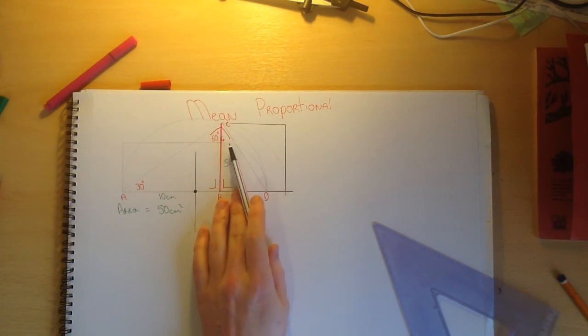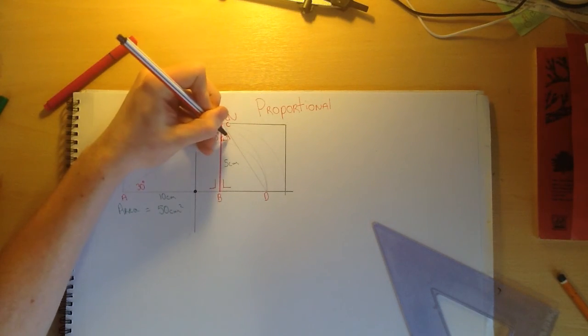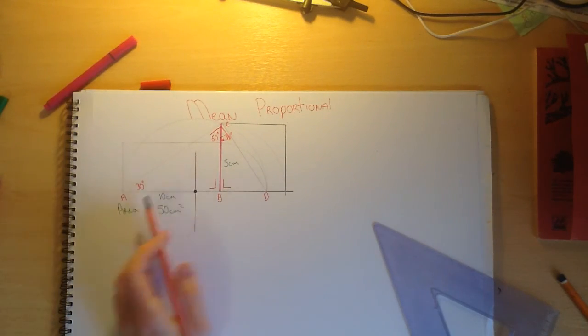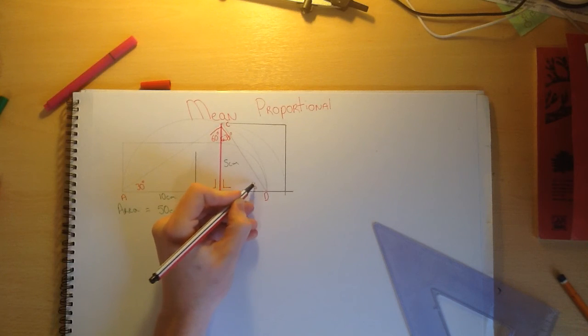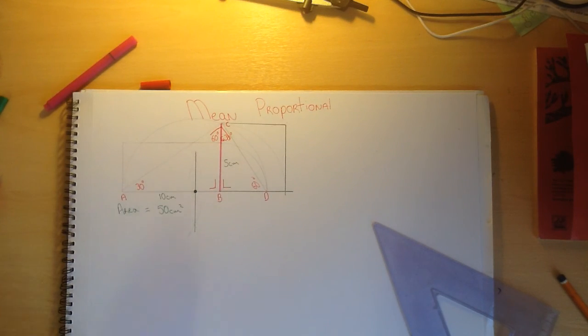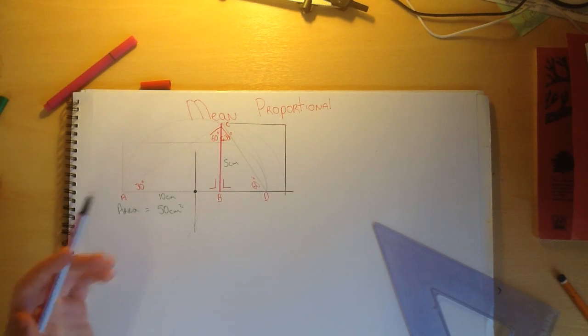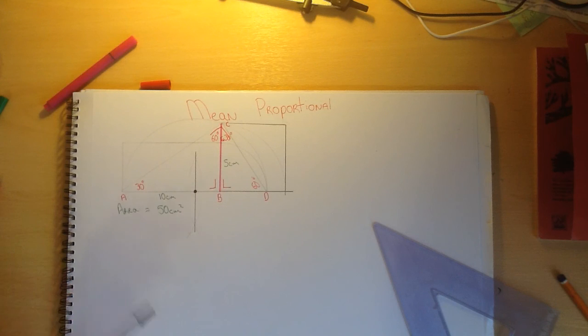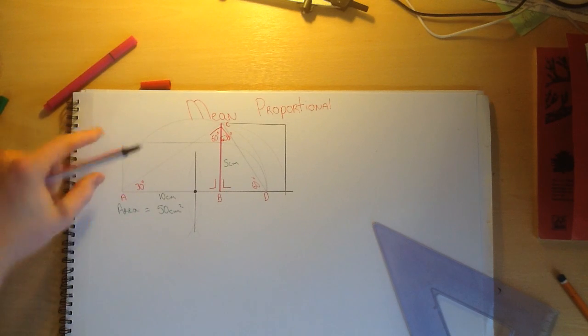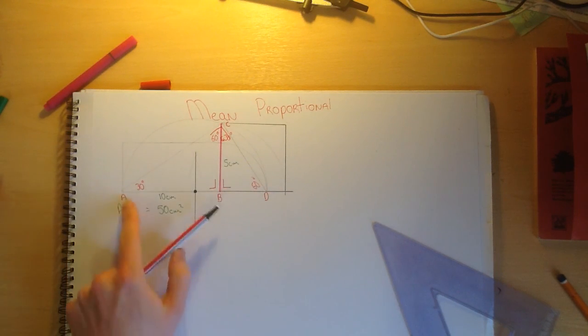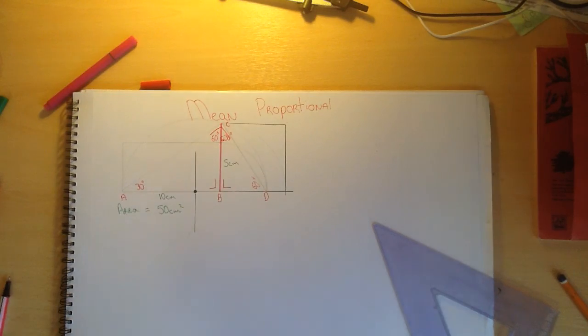This angle here has to be 30 degrees. And the same as here, this angle here has to be 60 degrees. So we know that the ratio of these triangles are the same. So that's why the mean proportional works, because similar triangles in the same ratio just scale down in different scales, and that's how we constructed a square of equal area to the rectangle.